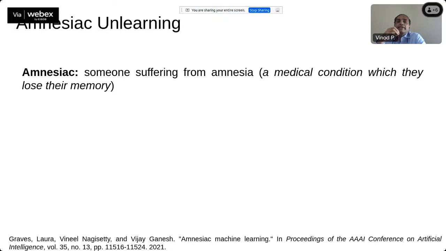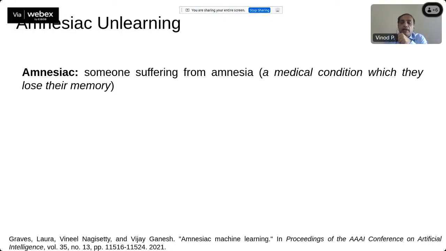This idea of amnesia has been mapped to the algorithmic side, and that technique is called amnesiac machine unlearning.